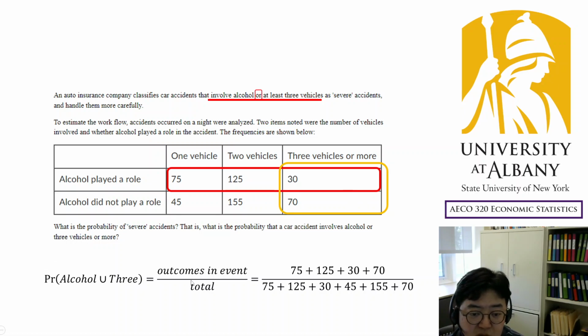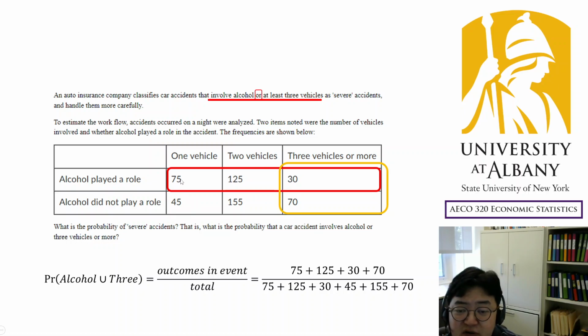Right? So in general, to calculate the probability of an event, we need to count the outcomes in the event, and divide that by the total number of observations, right? So first, in the denominator, the total number is the sum of these 6 numbers, which you count.